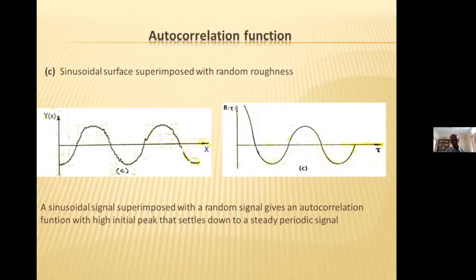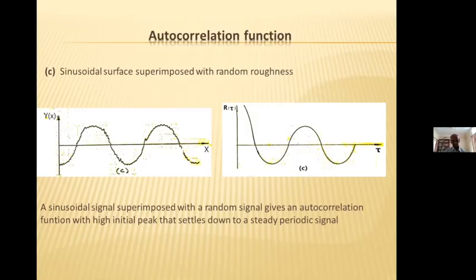superimposed random roughness. One example could be a single point cutting tool producing a sinusoidal surface with a chatter mark, which can be of a random nature. And then we'll get a surface which is sinusoidal with a superimposed random roughness.